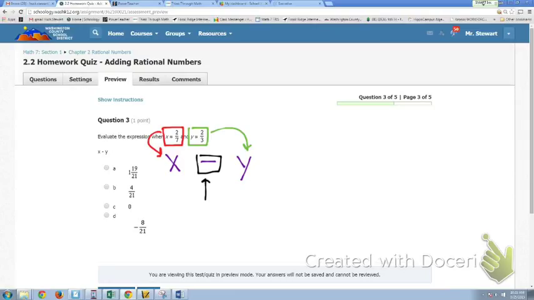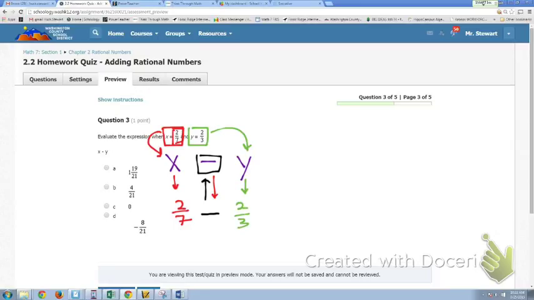I'm going to leave this down here, and now instead of writing x, I'm going to write 2/7. I've substituted this number in for x. Where x was, now there is 2/7. The negative comes down, or the subtract, however you want to think of it. And then y is now being replaced with 2/3.